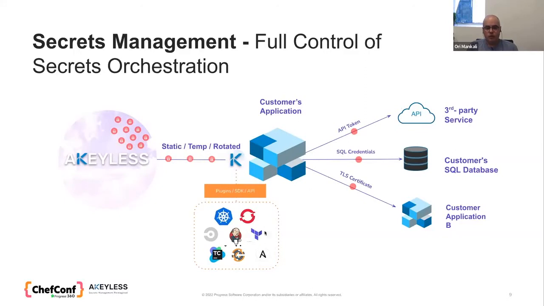Same goes for DevOps tools, right? If we're talking about a CI/CD platform, then using one of our plugins, the CI/CD platform will consume one of the secrets and extract it to use it as part of, let's say, a pipeline or job or whatever automated process there is for this tool.